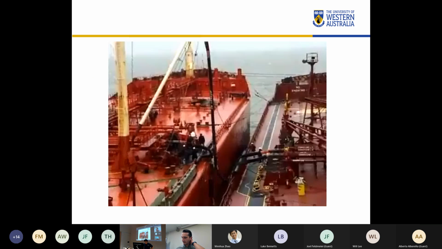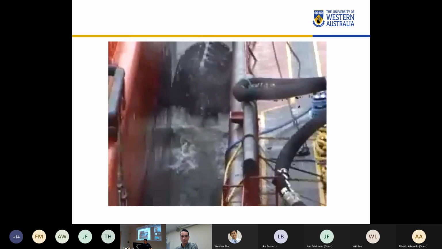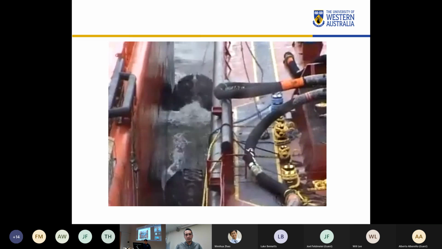To give you a flavor of what I'm going to talk about, I'm going to start with this video. This is two vessels moored together in a side-by-side configuration.